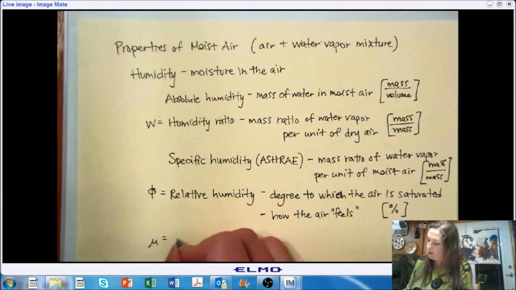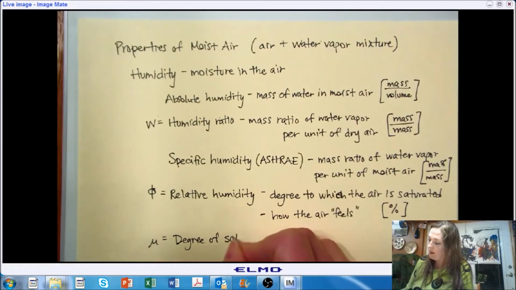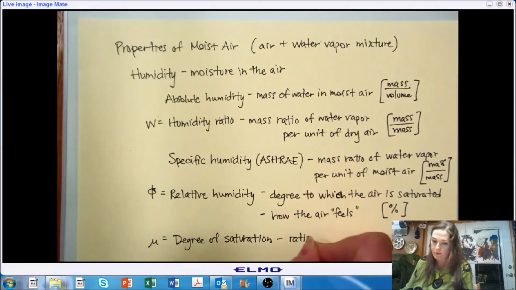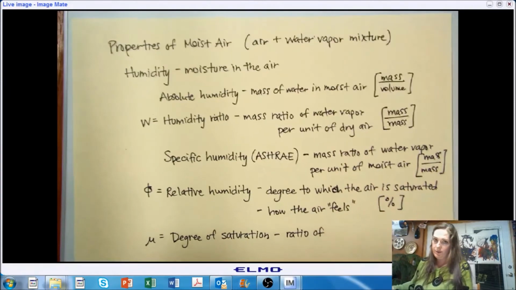And then the last one we're going to talk about is degree of saturation, which is similar to relative humidity, but has a different type of unit on it. So it is a ratio. It's a ratio of humidity ratios.